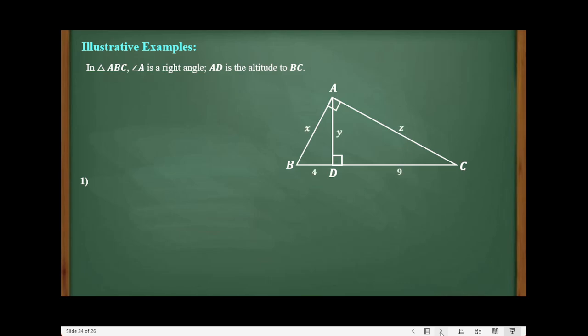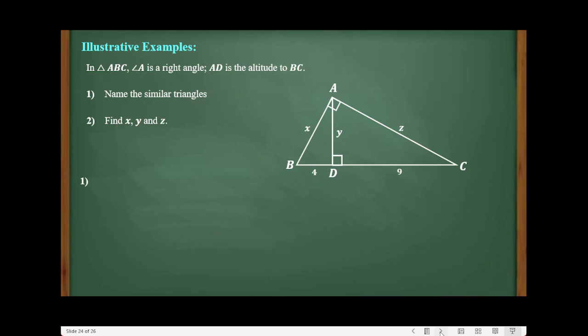There are some labeled segments in this right triangle, and we are asked to find the lengths of those segments denoted by x, y, and z. First, we are going to name the similar triangles involved in this diagram. And number two, we are asked to find the values of x, y, and z.